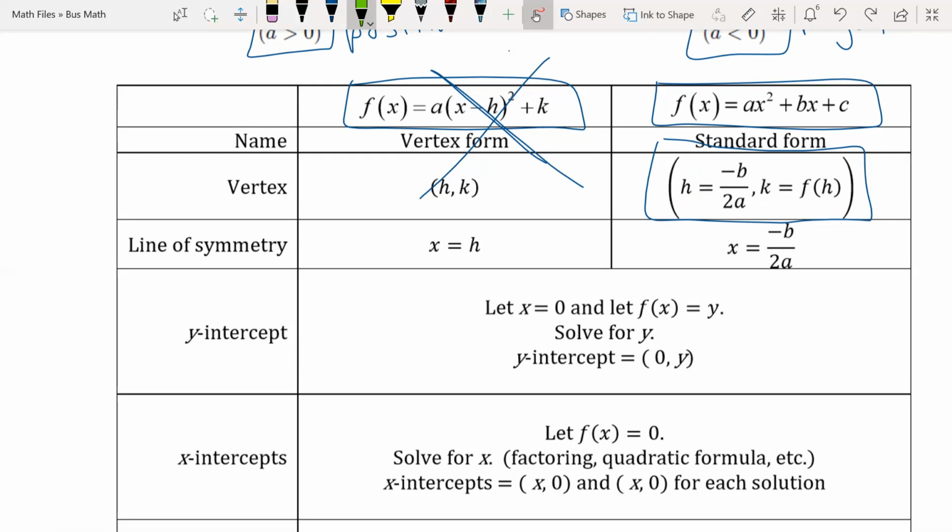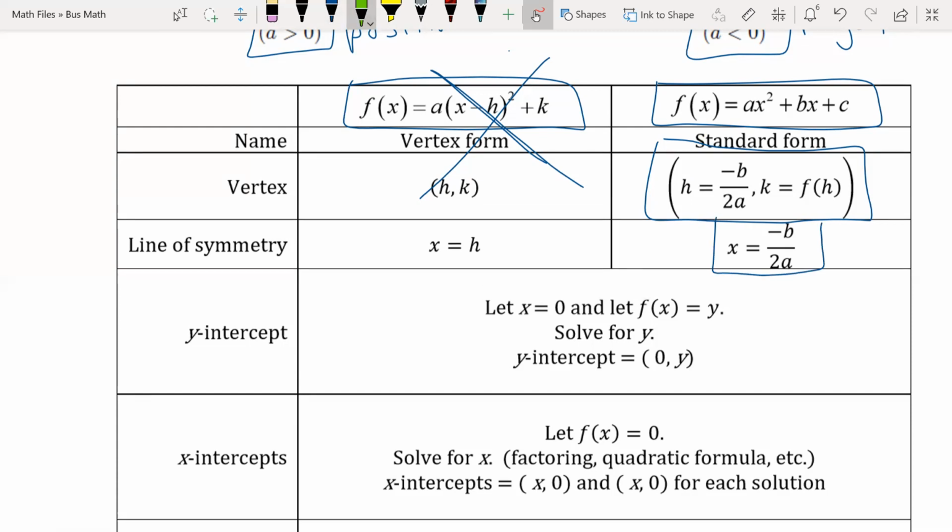All right. And now, if you find h and k, you find the middle point, the main point of your parabola, which means that next we want to find our line of symmetry, our axis of symmetry. Well, to find our axis of symmetry, we use this formula, x equals negative b over 2a.